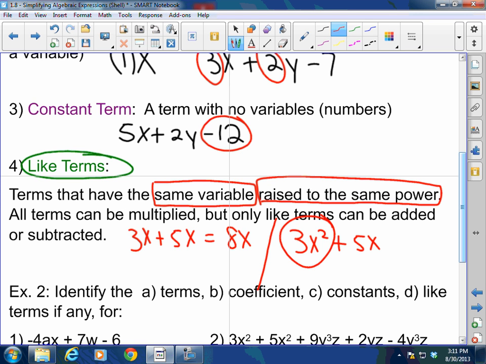This has an x squared. This has an x. They're not like terms. They have the same variable, but they do not have the same exponent. So like terms are terms that have the same variable and the same exponent. They're raised to the same power.